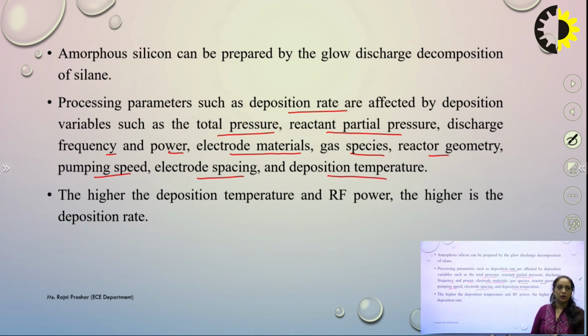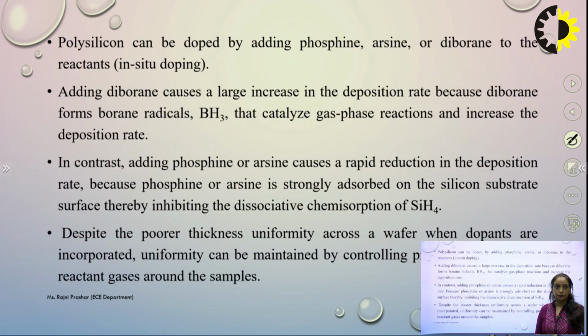All these parameters affect the deposition rate, that is, how fast the deposition process is carried out. The higher the deposition temperature and RF power, the higher the deposition rate.